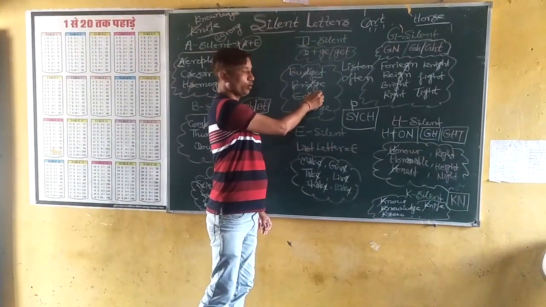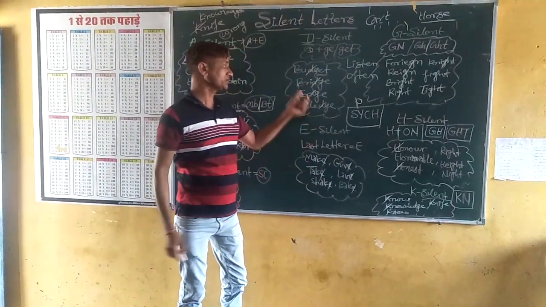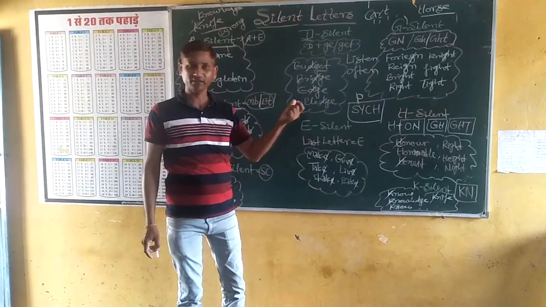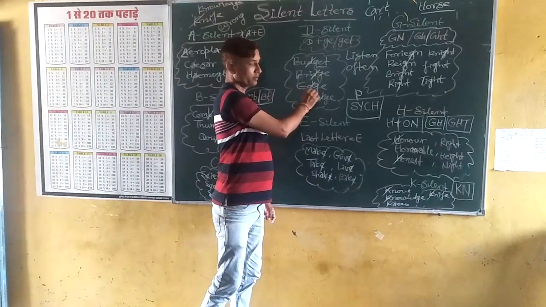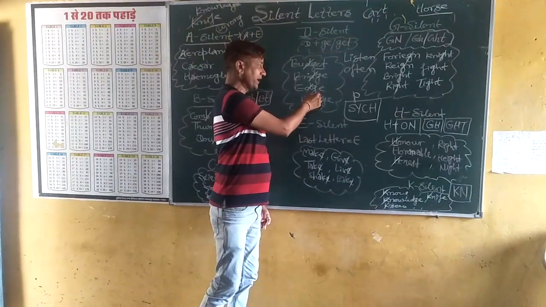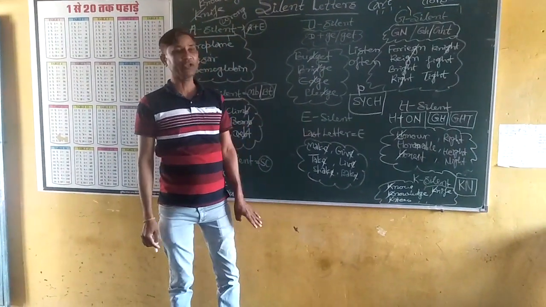BRIDGE, D is before GE, then D will be silent and the pronunciation will be bridge. D is silent here. EDGE, D is situated before GE, then D will be silent and the pronunciation will be edge.